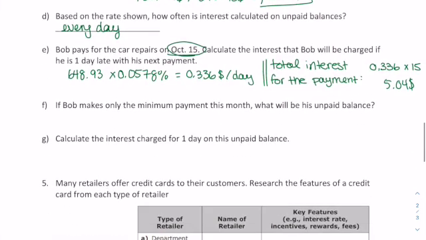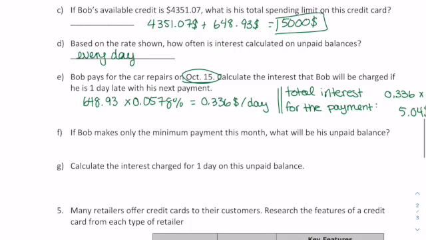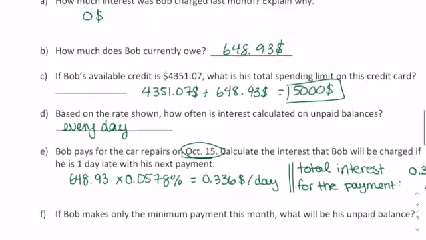Now, if Bob only makes the minimum payment, what will his unpaid balance be? All right, so if Bob makes only the minimum payment and his minimum payment is $10, then what is his unpaid balance? So let's figure that one out.